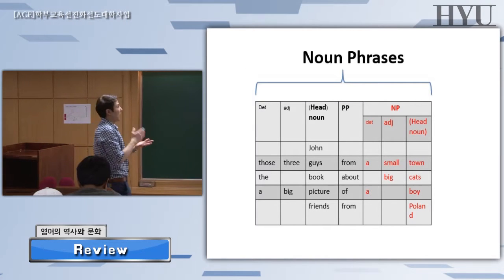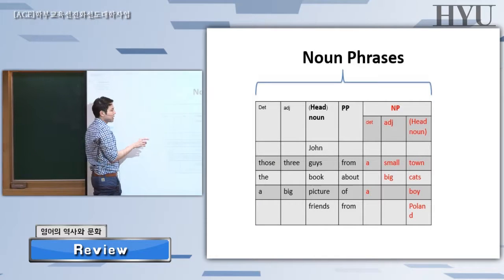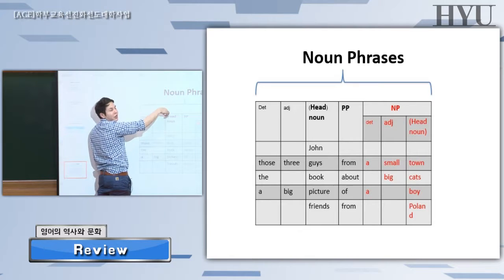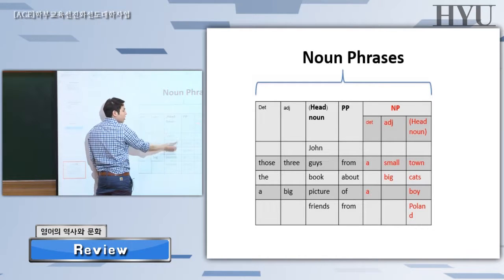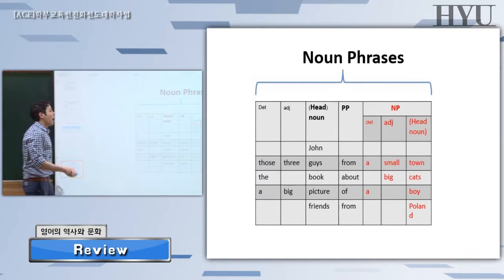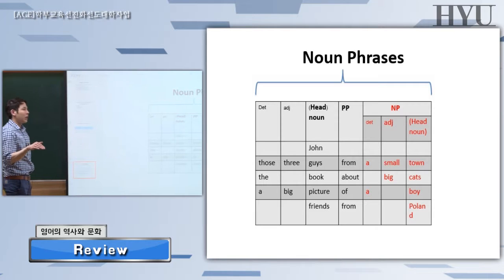Now, next type, we have the noun phrase. The noun phrase consists of course, the head word, which is, the name is noun phrase, so the head word must be a noun. So you have the head word here, right? John, guys, book, picture, or friends. Okay? But a noun phrase can have other things in it.